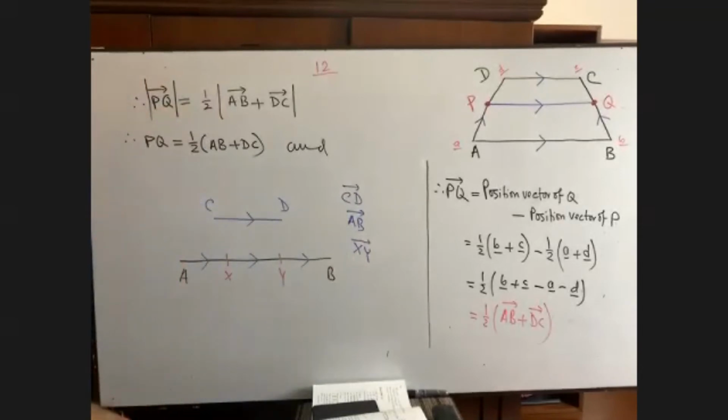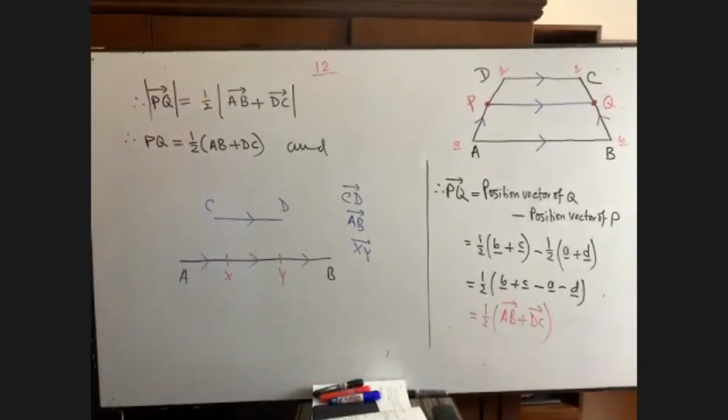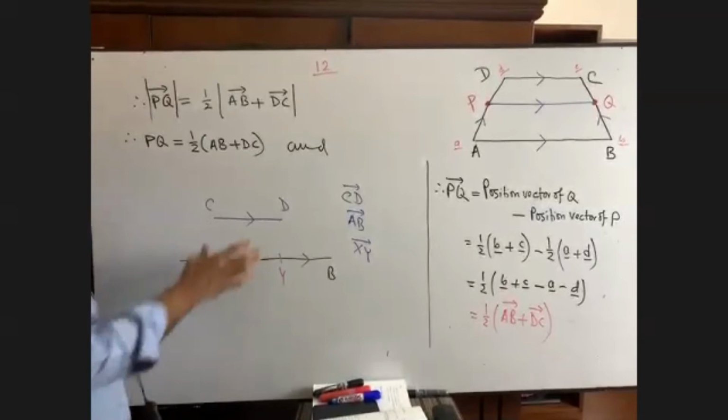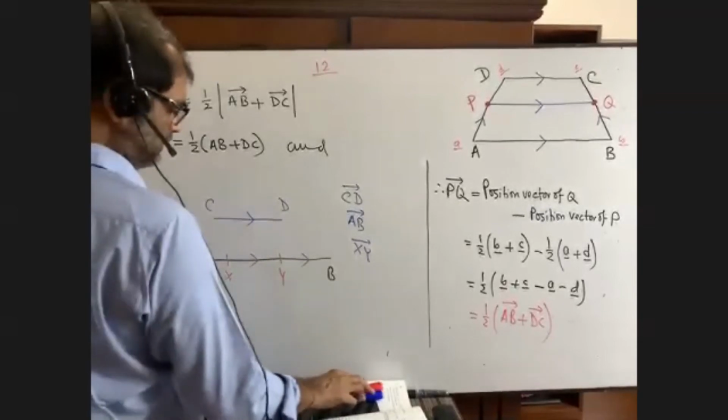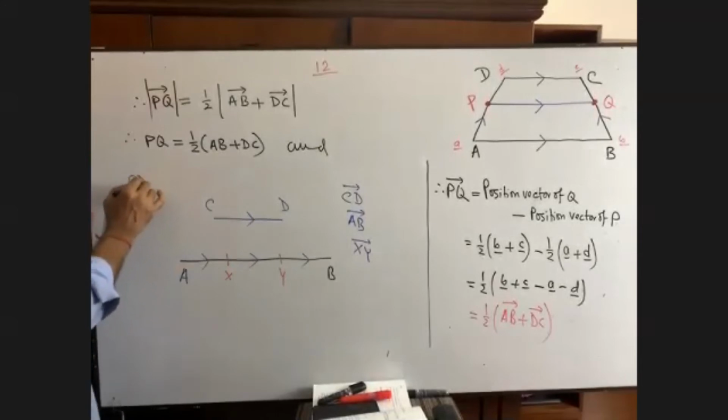Is there any difference among these three? Is there any similarity among these three? There is difference and there is similarity. Here you see CD and AB are parallel. Have you seen? CD parallel to AB. Am I right?